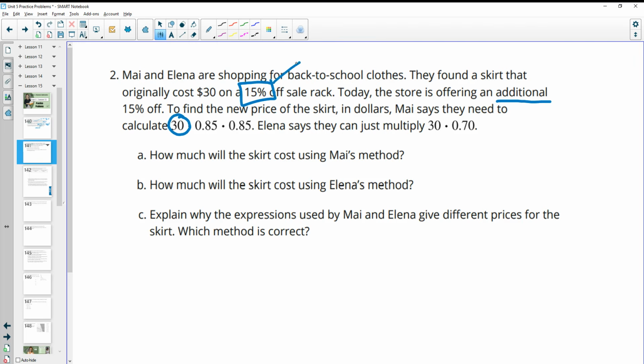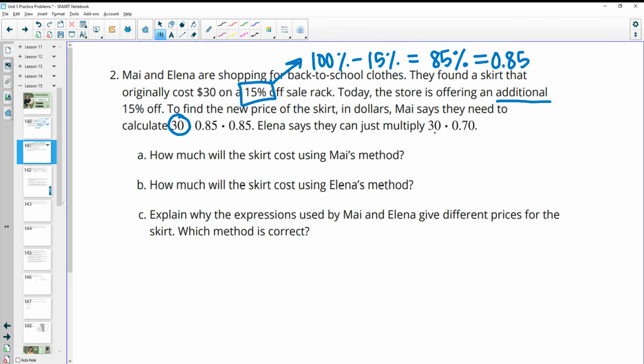So if we think about this as 15% off, if we take 100% minus 15%, that means we're paying for 85% of the original price. And that as a decimal equals 0.85. So she's saying we have to take the original cost of the skirt, multiply it by 0.85, then multiply by 0.85 again.